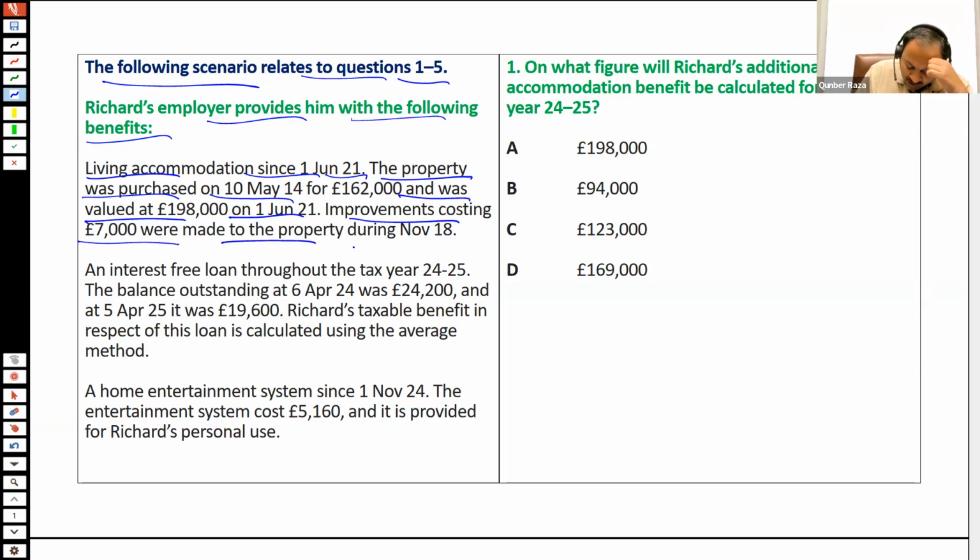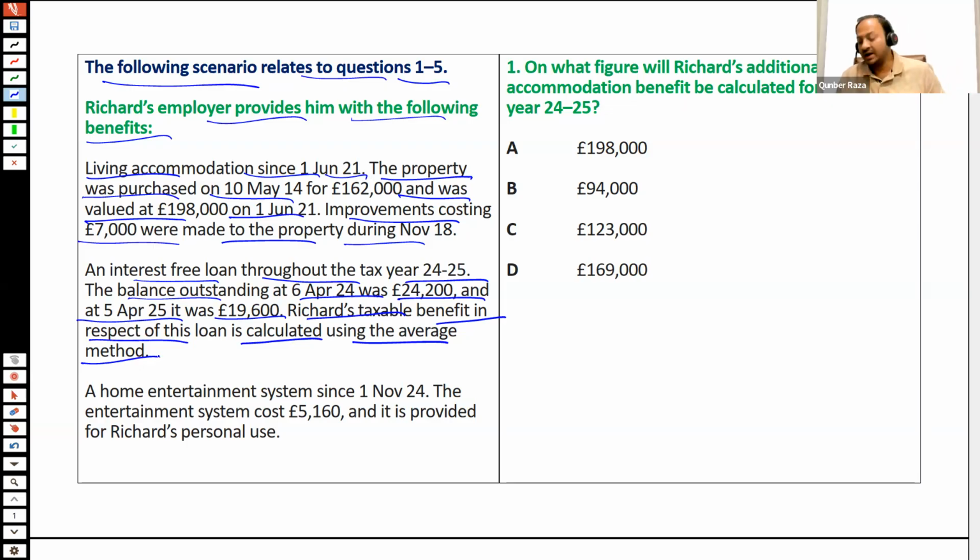Improvements costing 7,000 were made to the property during November 18. An interest-free loan throughout the tax year 24-25. The balance outstanding at 6th April 24 was 24,200 and at 5th April 25 it was 19,600. Richard's taxable benefit in respect of this loan is calculated using the average method.